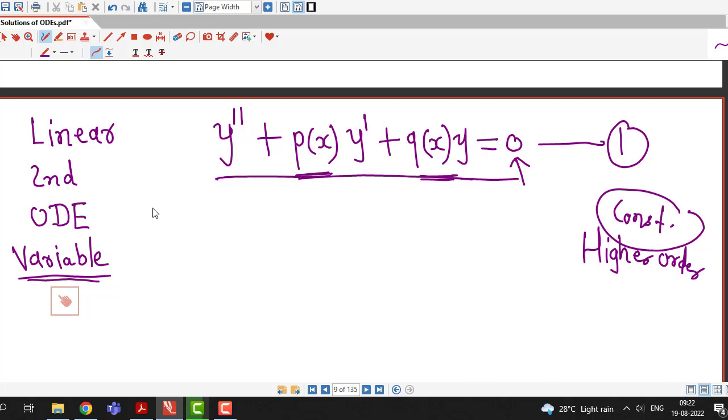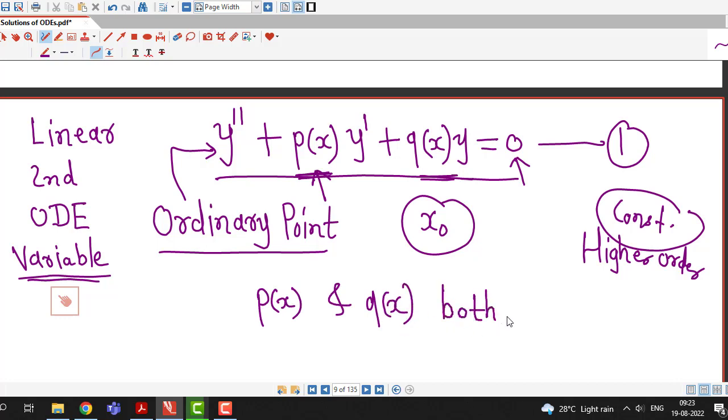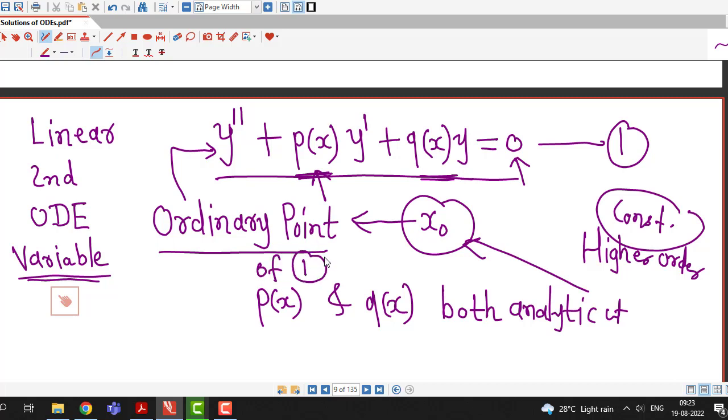For now we focus on ordinary and singular points. Suppose I want to check whether a given point, say x0, is an ordinary point of this differential equation or not. Then the definition is: if p(x) and q(x) are both analytic at this point x0, then the point x0 is called an ordinary point of differential equation 1.